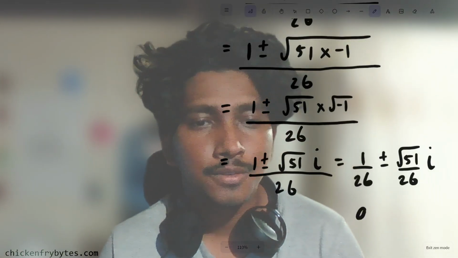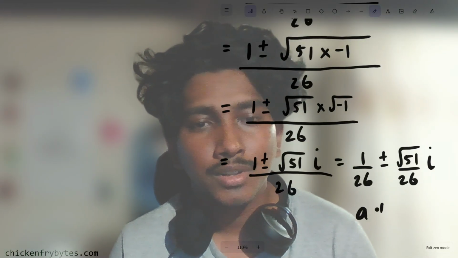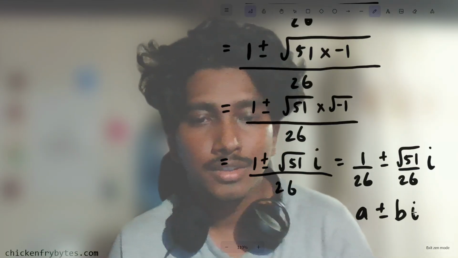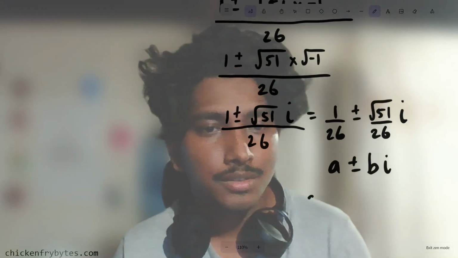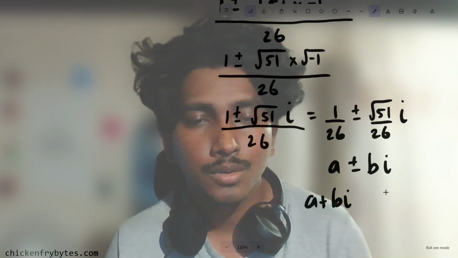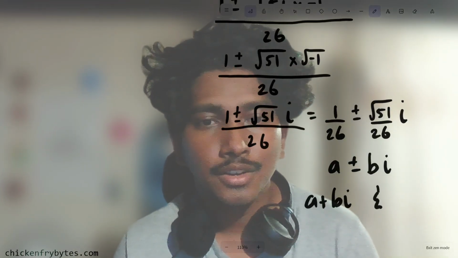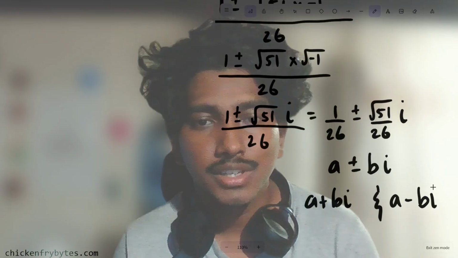So this definitely is in the form a plus or minus bi, which simply means a plus bi, which is our first complex root, and the other one is a minus bi.